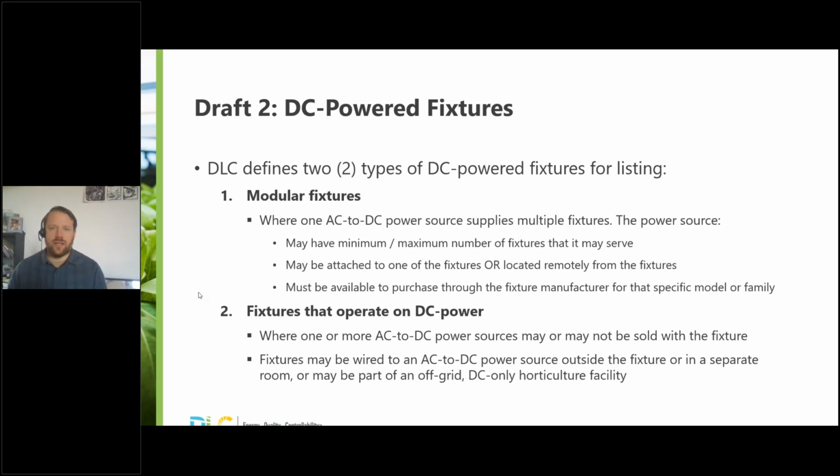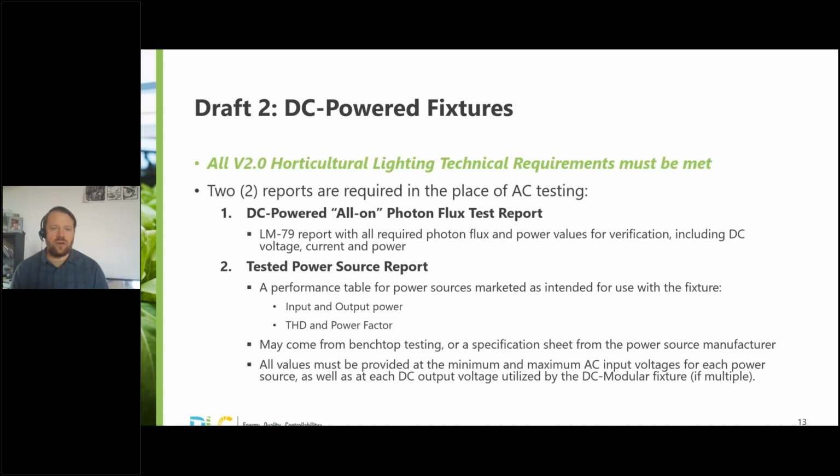So the next slide here is also no new content in draft 2. This is just a little refresher. We've got basically all the standard version 2.0 horticultural technical requirements are going to apply for DC fixtures. There's sort of two key reports here that are different from AC.